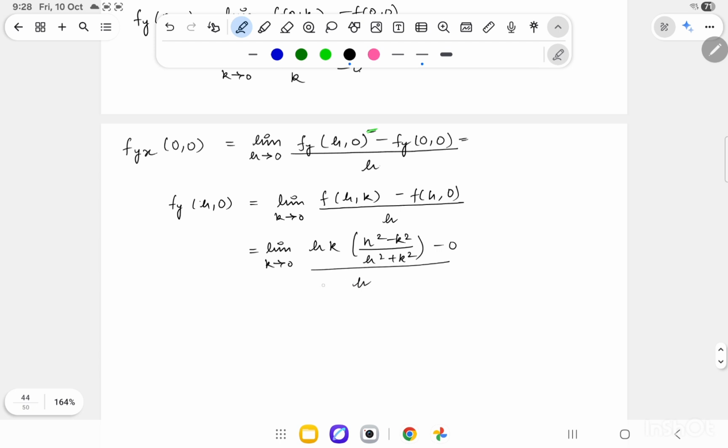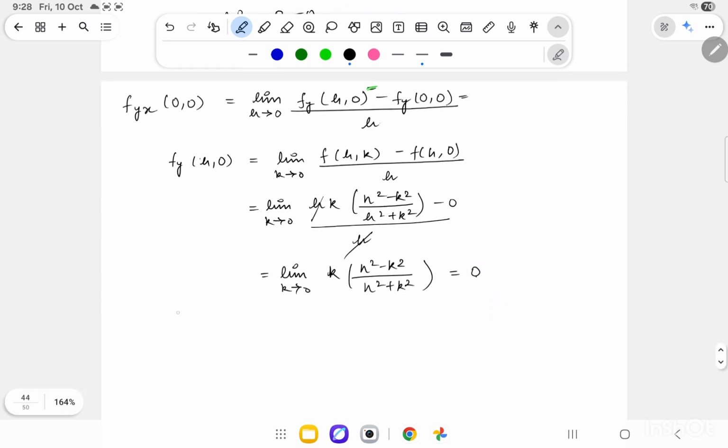If we take the limit as k approaches 0, the k balances this, so it will be equal to the limit as k approaches 0 of h(h² minus k²) by (h² plus k²), which is equal to h. So f_yx(0,0) is equal to the limit of (0 minus 0) by h, which is 0 only.